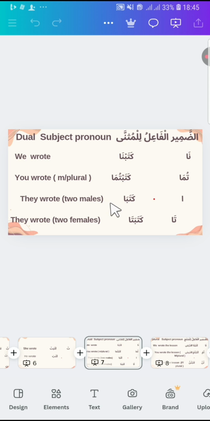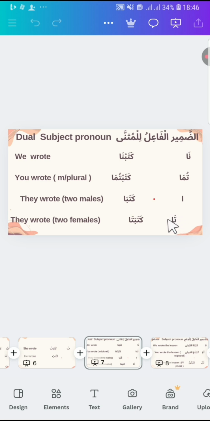Another dual pronoun we have is ta. If this ta is attached to the root of the word, it means two females who are not here.